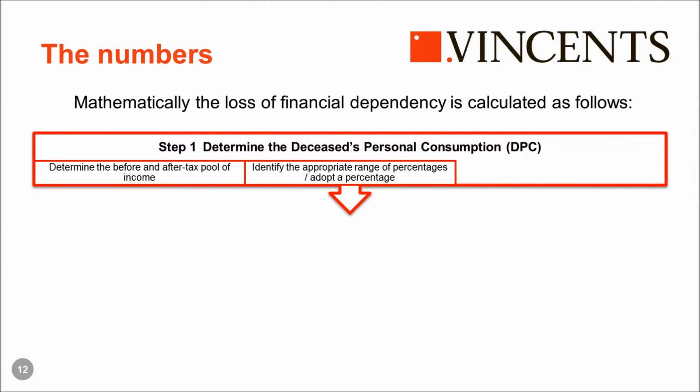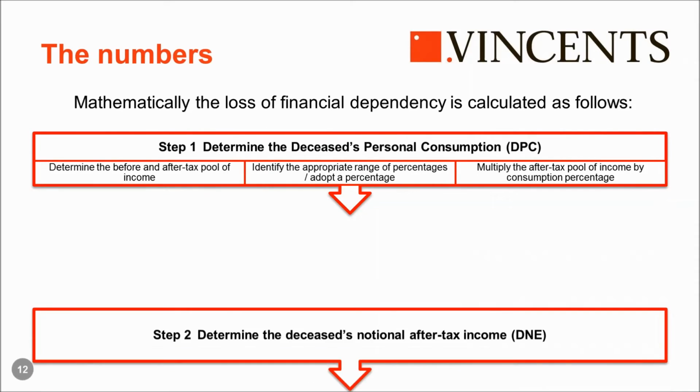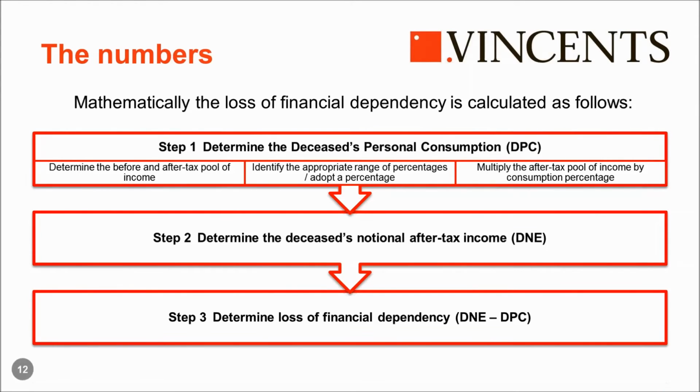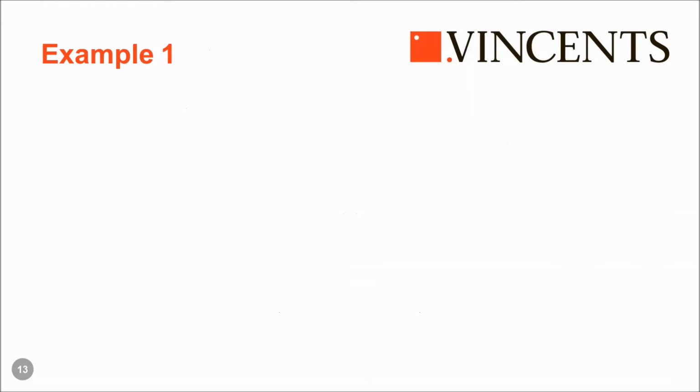You identify then what is the appropriate percentage that you should be adopting for personal consumption, and you multiply the after-tax pool of income by that percentage. You then look at the deceased's notional after-tax income, and you deduct from it that personal consumption that we worked out in the first place. So it's essentially a three-step process of how you would work this out.